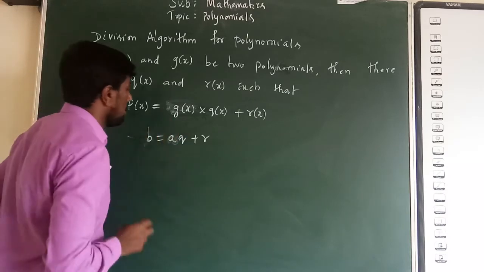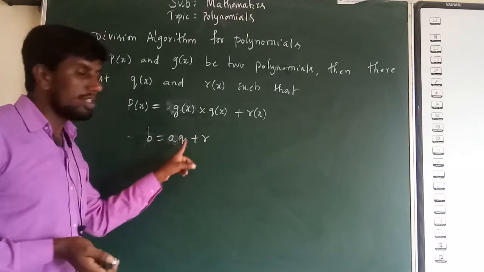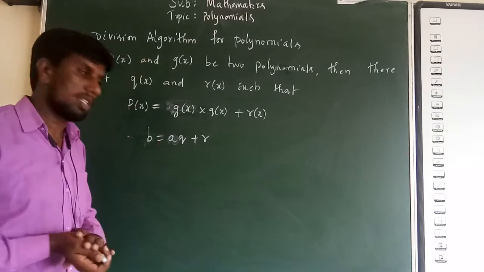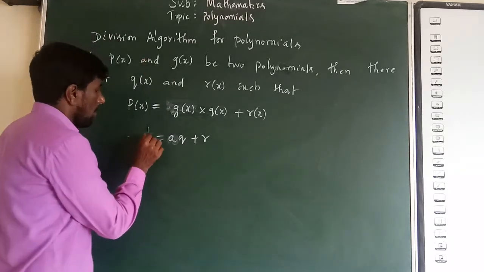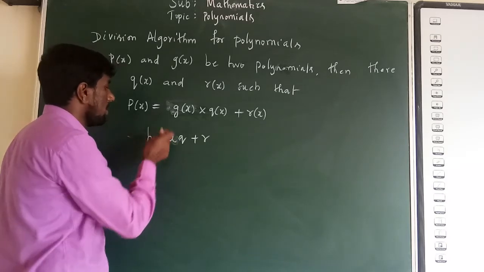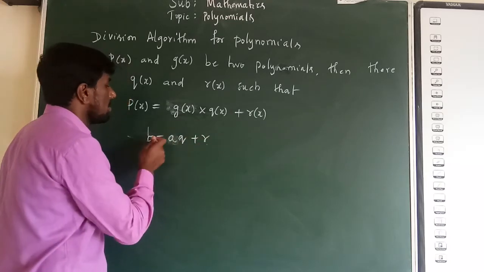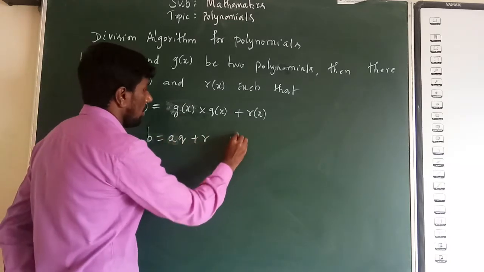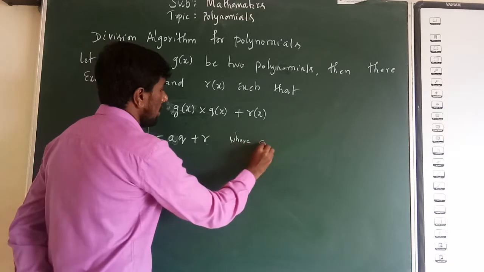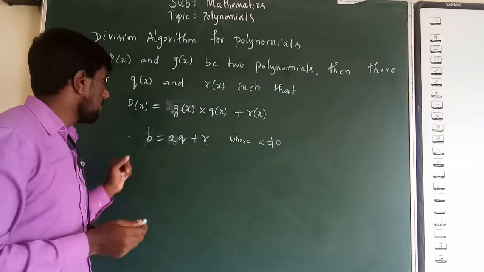We studied Euclid's division algorithm in the real numbers lesson, right? Here b and a are real numbers. I am going to divide b by a. Then there exist q and r such that b is equal to aq plus r, where a is not equal to 0. So this we have studied already in the real numbers lesson.